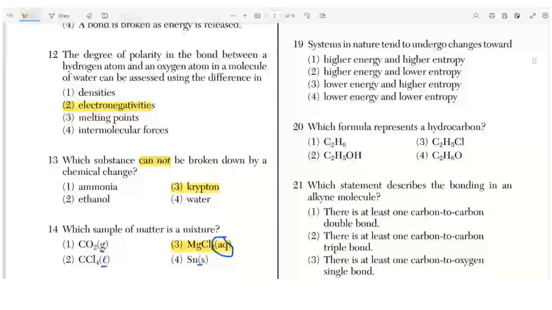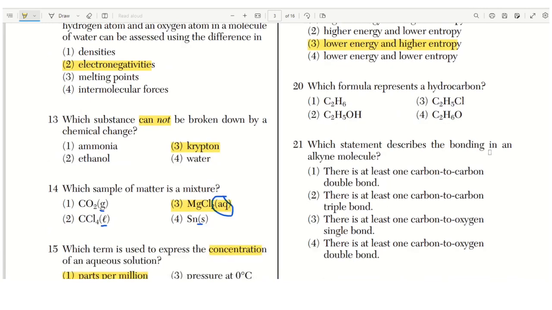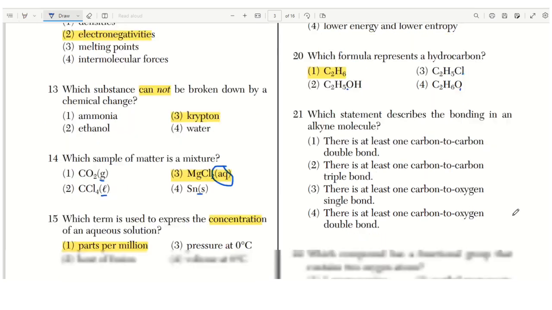Systems in nature tend to undergo changes toward, well, this is like everyone in existence, less energy and get more disordered. Entropy is disorder. Which formula represents a hydrocarbon? Well, a hydrocarbon has only carbon and hydrogen. We have ones, has oxygen right here. This has oxygen and this has chlorine.